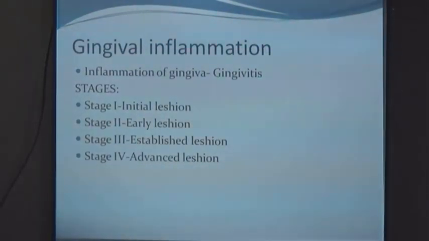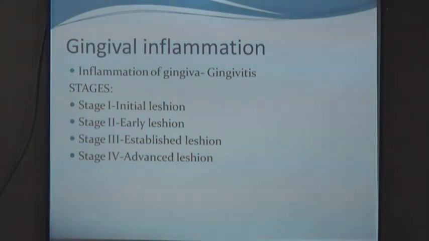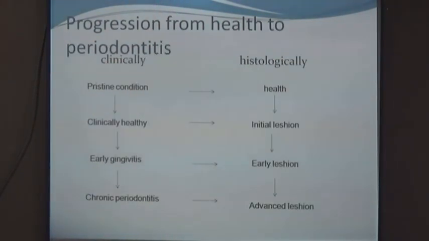Gingival inflammation, the stages will be initial, early, established and progression from gingival health to periodontitis. This is clinically and histologically. Pristine condition, clinically healthy, early gingivitis, then only it comes to chronic periodontitis. Histologically: health, initial, early, advanced.